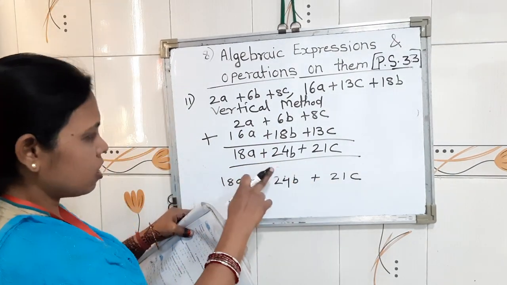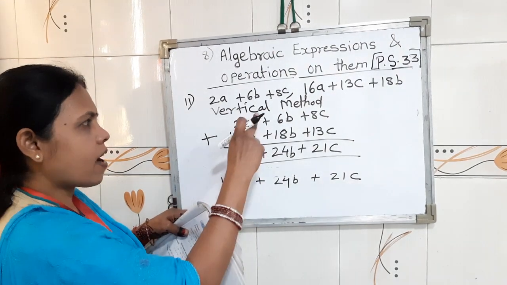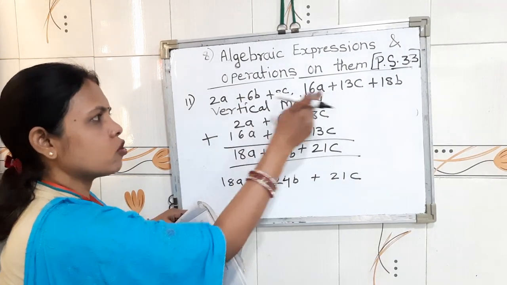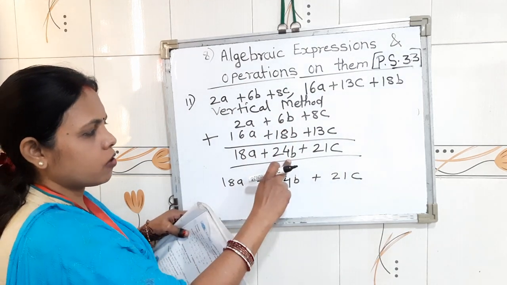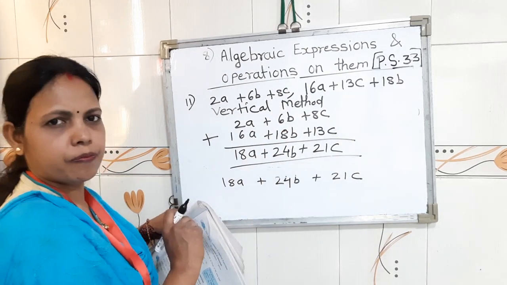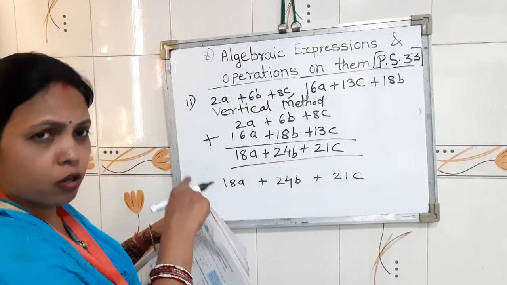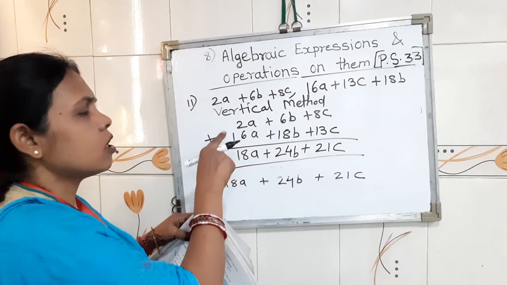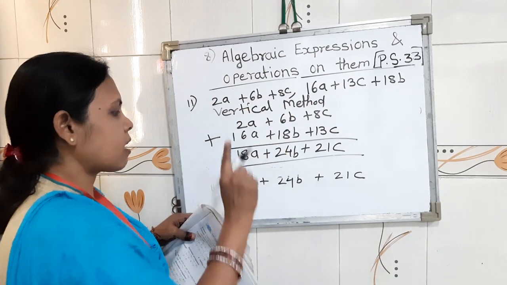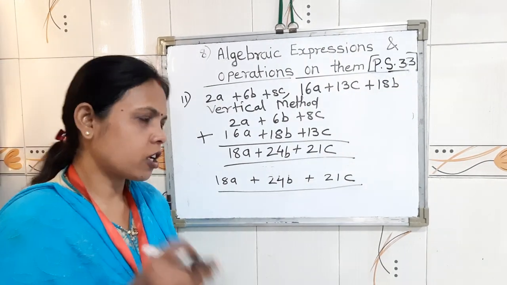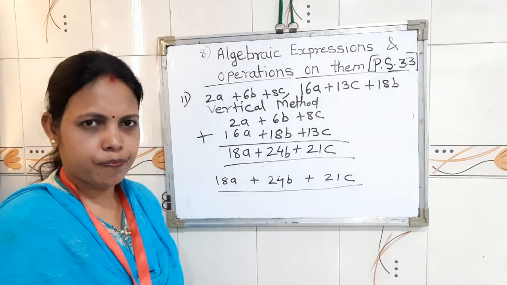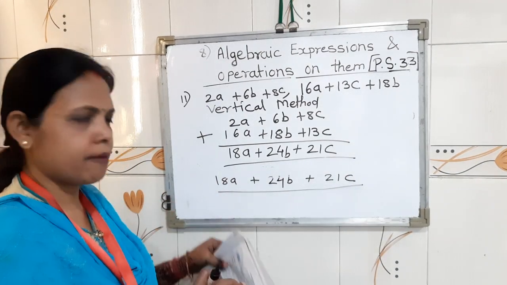So children, here you can see that when we added the same question in the vertical method, we got 18a plus 24b plus 21c. And before that we did the horizontal method, in that method also we got the same answer. Means whatever method you prefer, your answer will be the same.